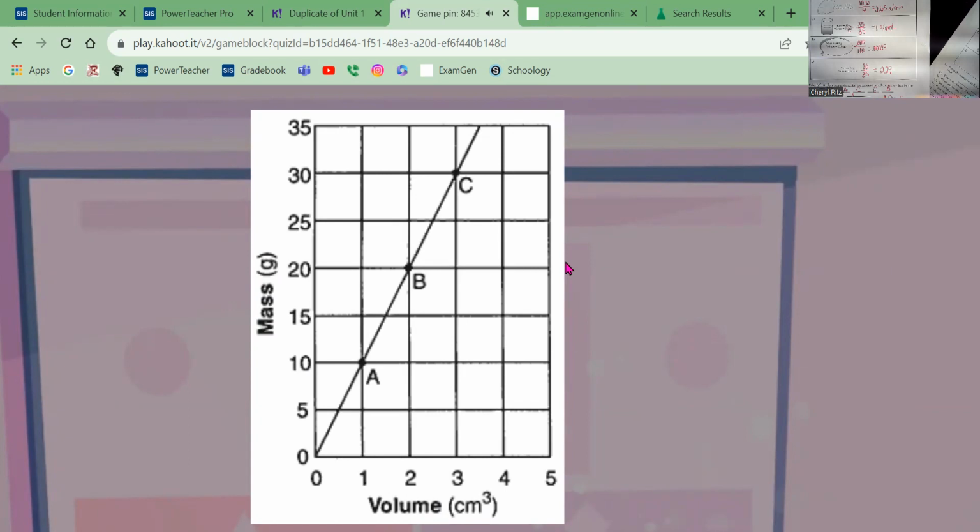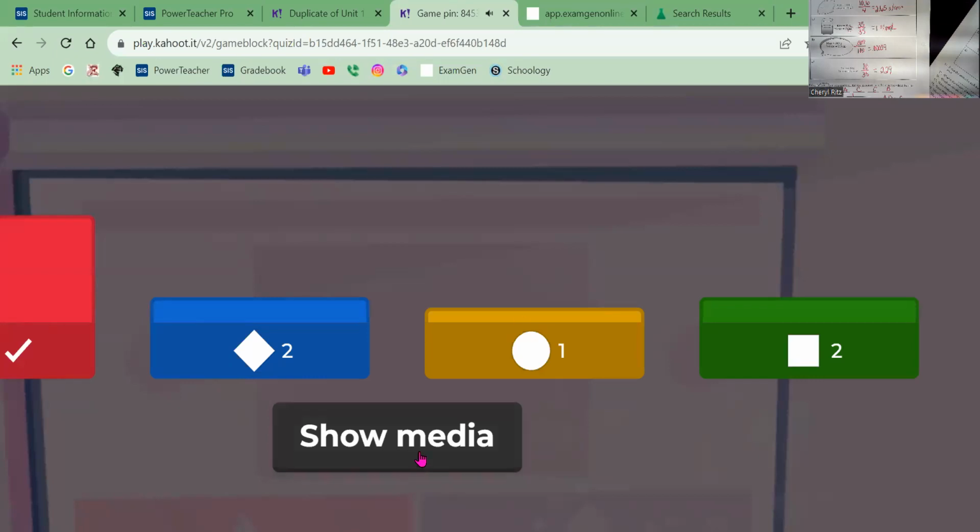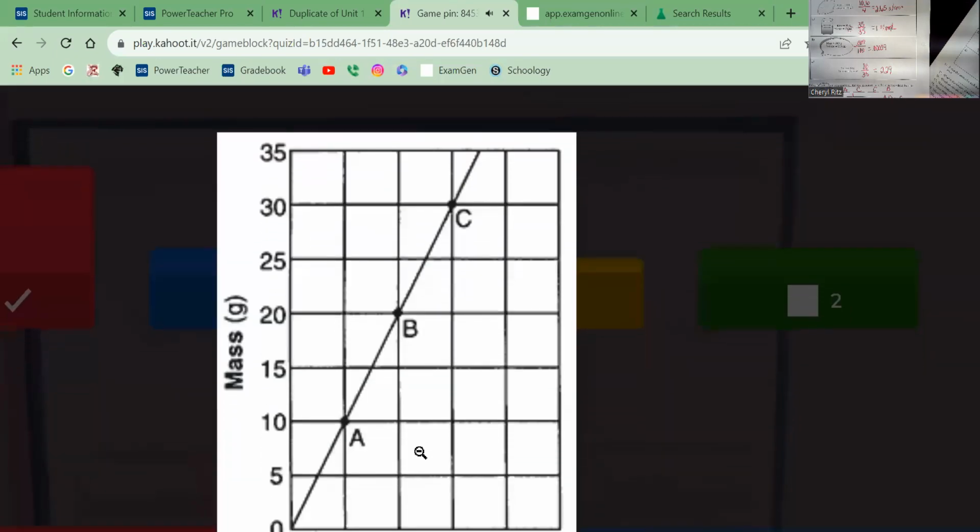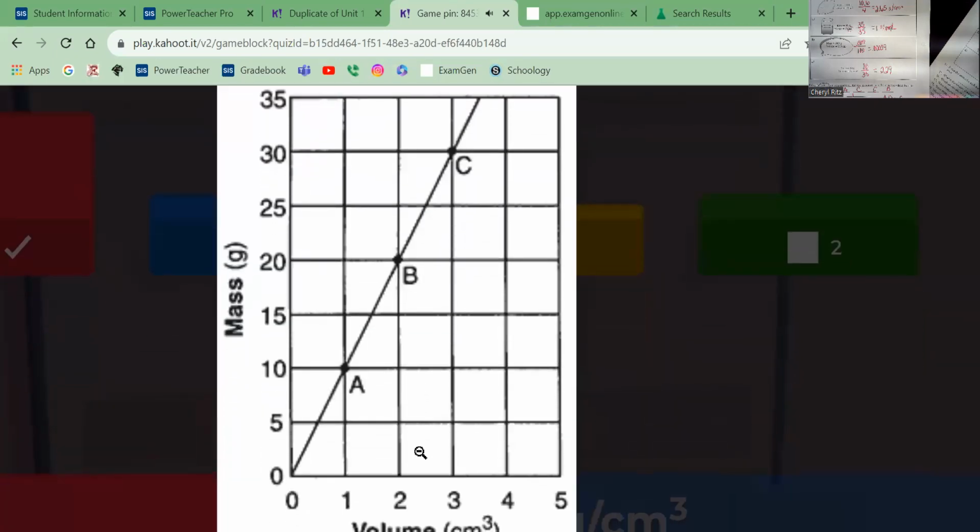I thought it was trying to trick me at first. It's not, it's just having you do 2 steps. So let's talk about it. What do you need to figure out density? You divide mass by volume.